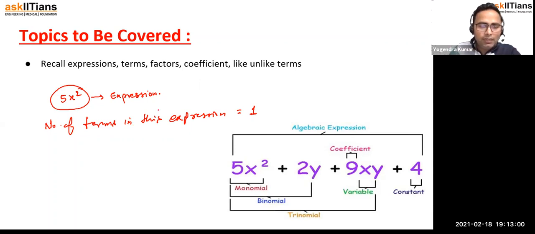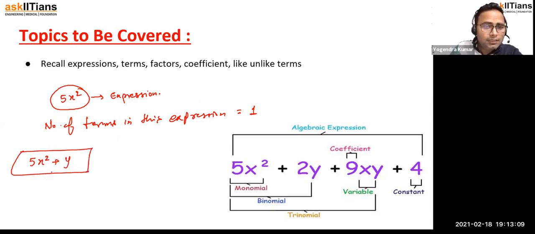So if I write 5x square plus y, this whole thing is again an expression. How many terms are there? Two terms, because you can see only one plus sign.